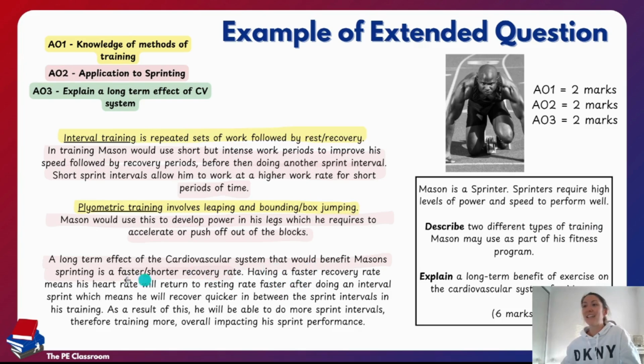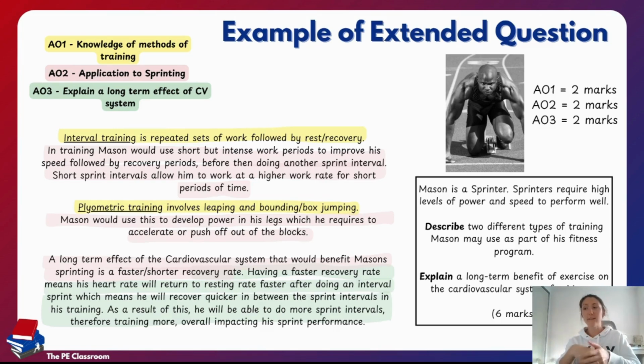Said that he will have a faster or shorter recovery rate. So that is a long-term benefit. We're stating a fact. We're then talking in a bit more detail to ensure we get the AO3 points. So how does a faster or shorter recovery rate benefit him? Having a faster recovery rate means his heart rate will return to resting rate faster after doing an interval sprint, which means he'll recover quicker in between the sprint intervals.